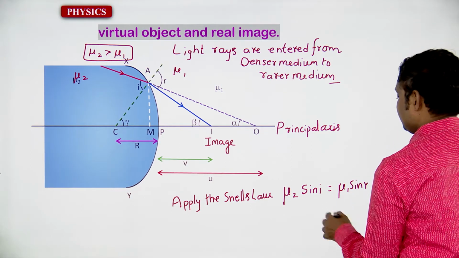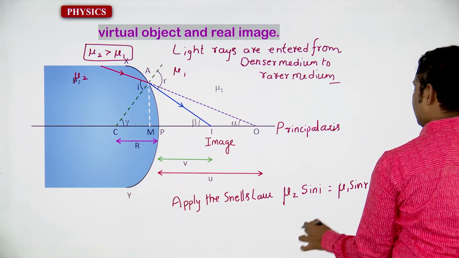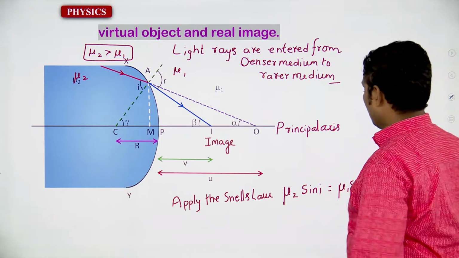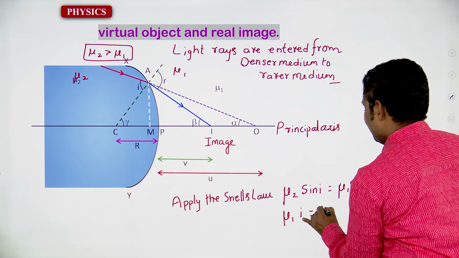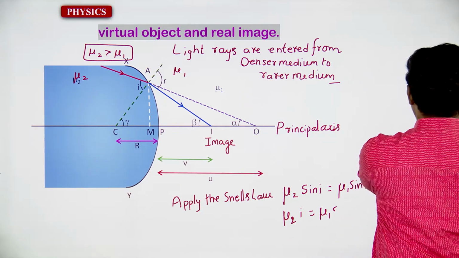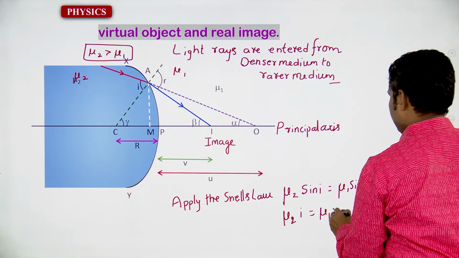It's very clear. Here i and r are going to be small, so mu2 i is equal to mu1 r. It's very clear. Just take this one. Yes, this is going to be the r.